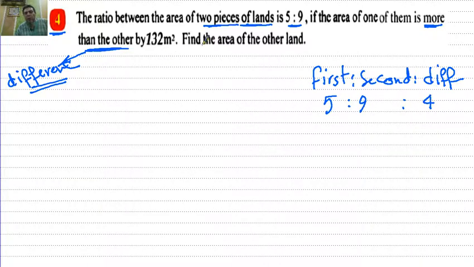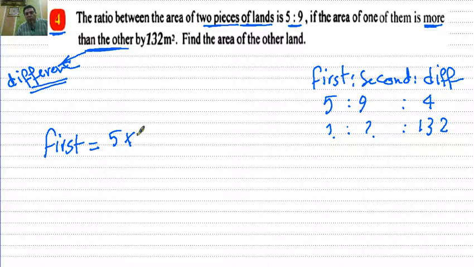The difference in number equals 132. That is missing. Then first equals 5 times 132 over 4.